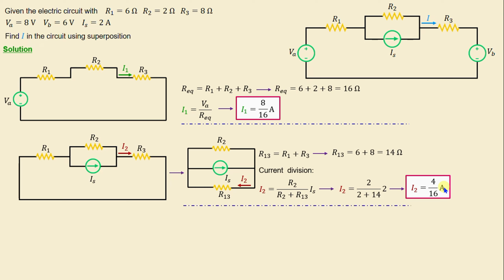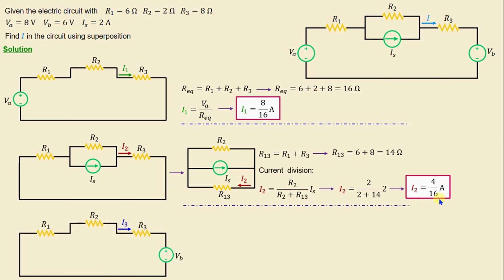Now let's consider the independent voltage source VB active and the independent voltage source VA and the independent current source IS inactive, which will be replaced respectively by a short circuit and an open circuit.